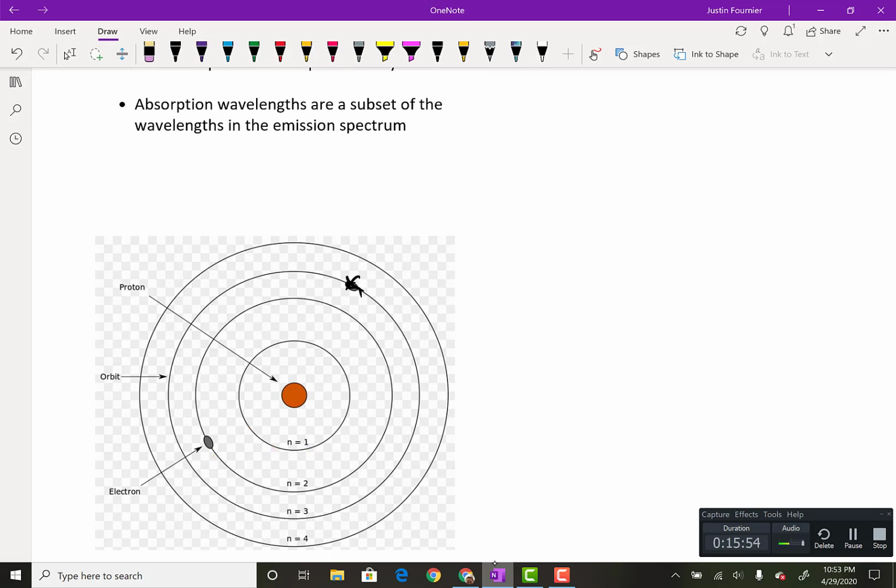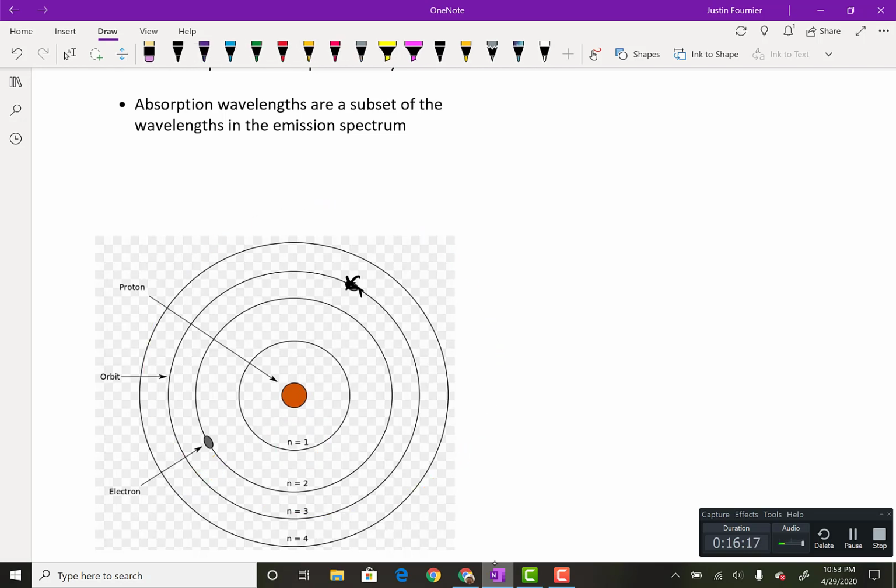And so that's basically what Bohr is saying. And he's also saying that if an electron jumps up to a high energy level and goes down to a low energy level, it'll actually emit a photon. So that's where Bohr is coming from. Here are his assumptions right off the bat, which are already flawed.